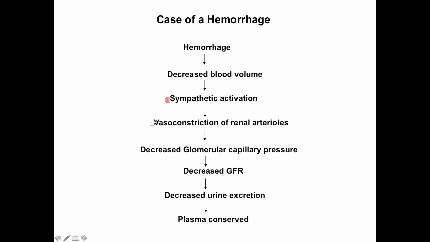You have constriction of the renal arterioles, which decreases capillary blood pressure, decreases GFR, and urine production goes down, and essentially you're now conserving plasma and conserving blood pressure, trying to prevent any further drop in blood pressure. So you can see how the goal of the sympathetic system is very, very different from autoregulation.